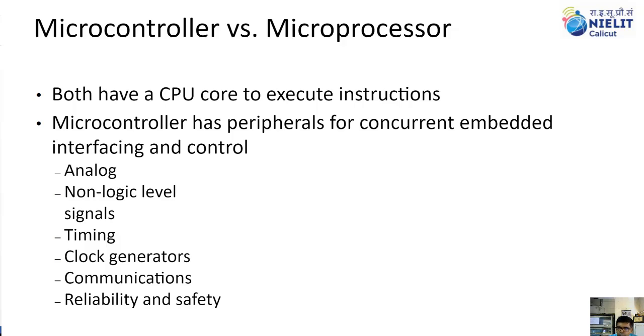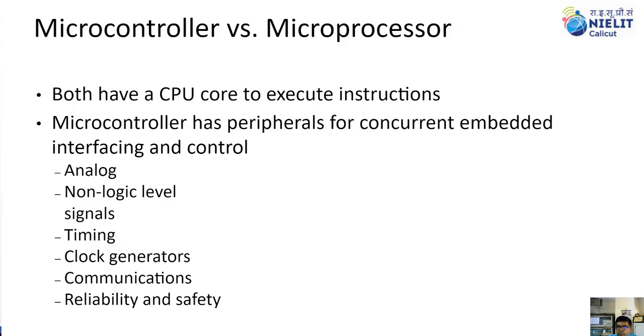The microcontroller in addition has peripherals for concurrent embedded interfacing and control, such as analog, non-logic level signals, and timing. There will be timers, clock generators, and communication interfaces, which help with reliability and safety.